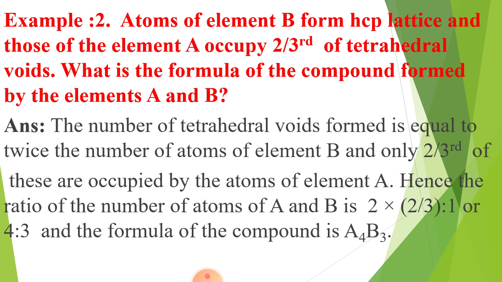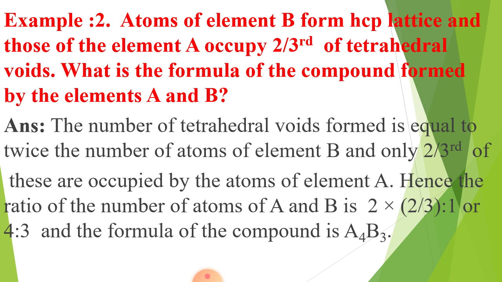Now write the answer like this: the number of tetrahedral voids formed is equal to twice the number of atoms of the element B. That is, if the number of atoms of B is n, then tetrahedral voids should be 2n.